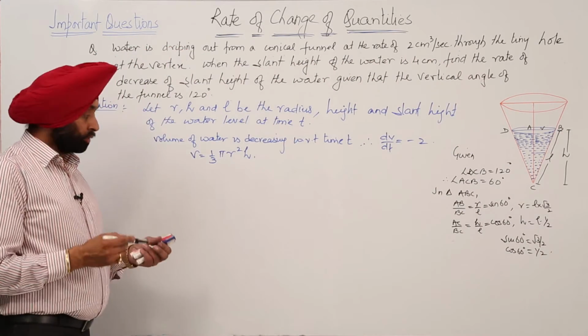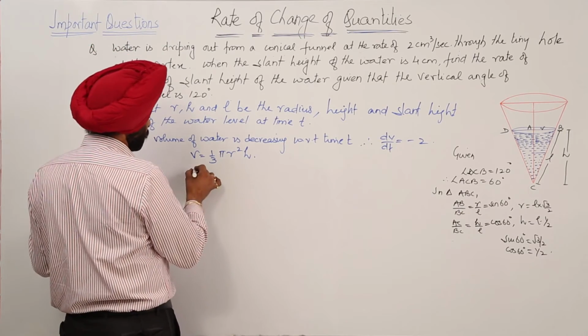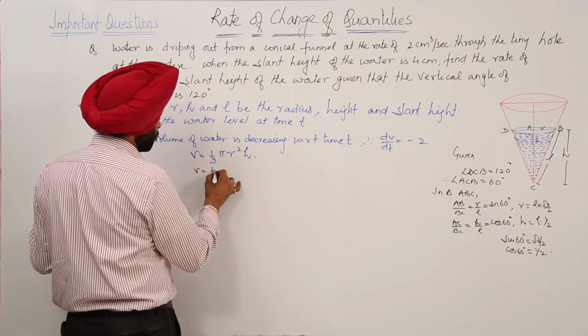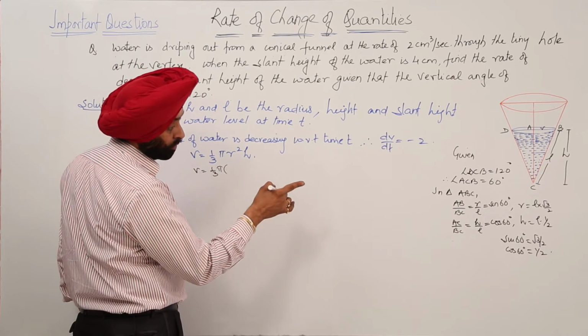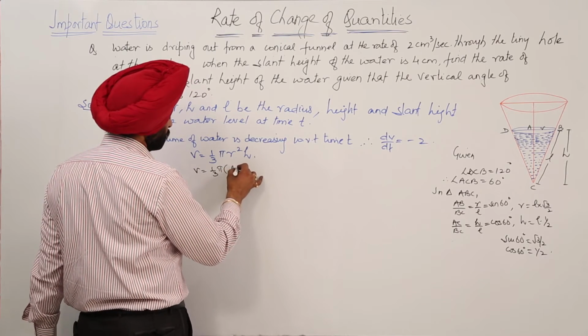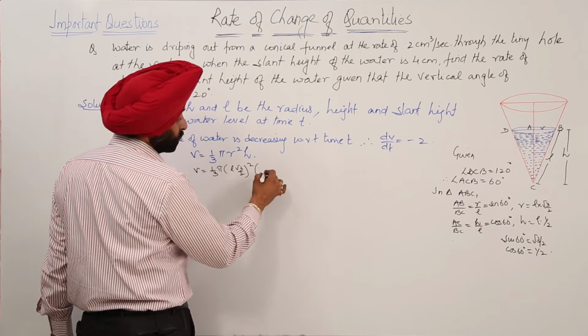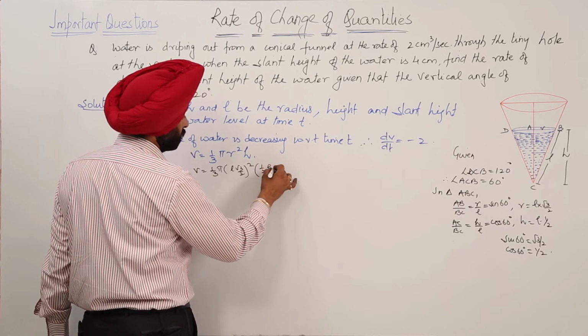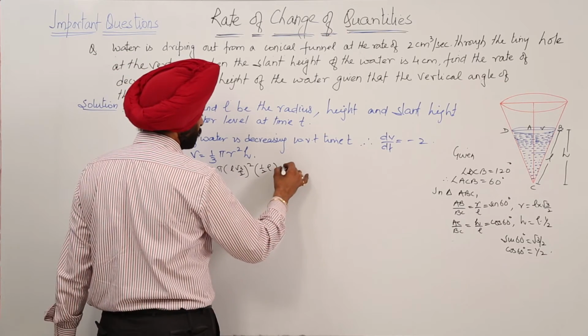Okay, so now we are going to put these values in our question. Now V is equal to 1 upon 3 pi r square. R is L times root 3 by 2 whole square, with H as 1 by 2 L. Okay, so what we are having now?